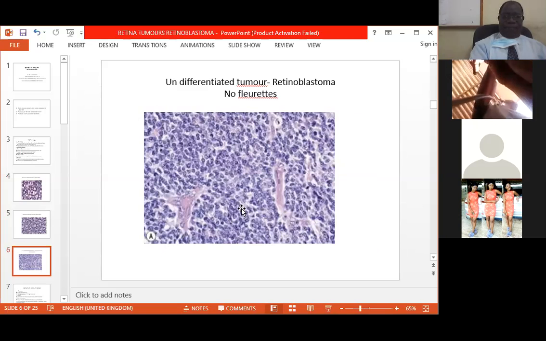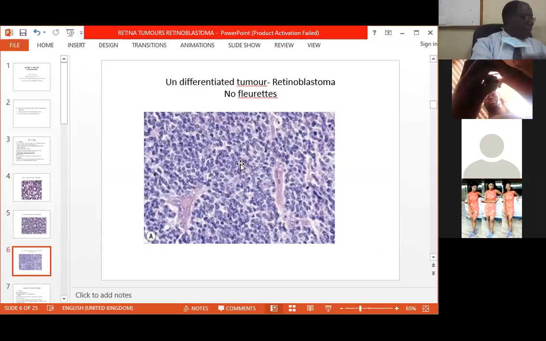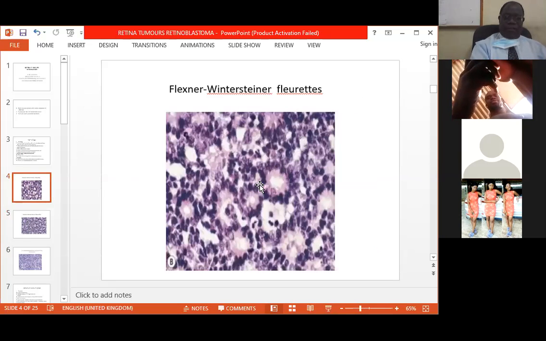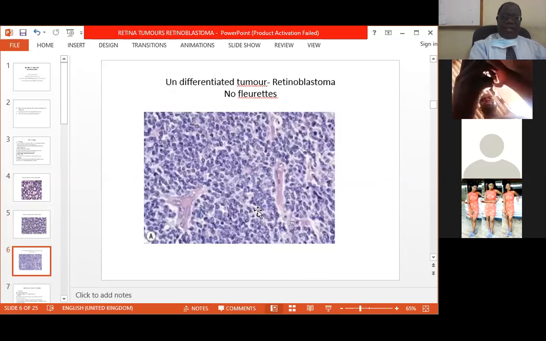This is an undifferentiated tumor, in the sense that there are no patterns, the patterns you saw here. Here you've got this round, this is a differentiated tumor. They form into a pattern of florets, but this is undifferentiated.